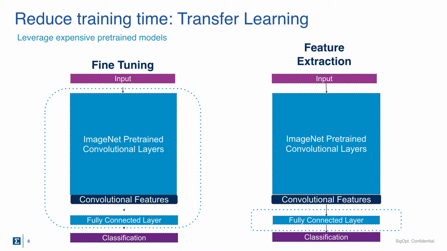Before we jump into our case study, let's just quickly go over some concepts. For transfer learning, we're going to be using fine-tuning and feature extraction as our main methods, leveraging a pre-trained ImageNet model as a hot start.